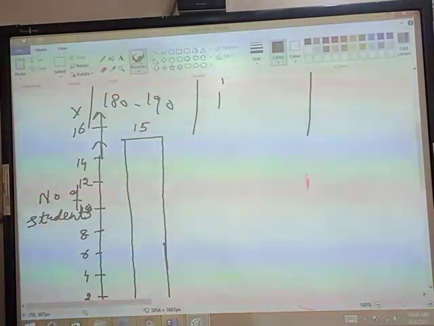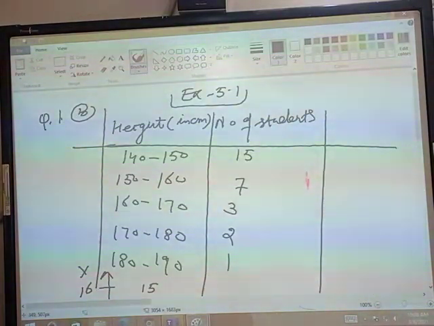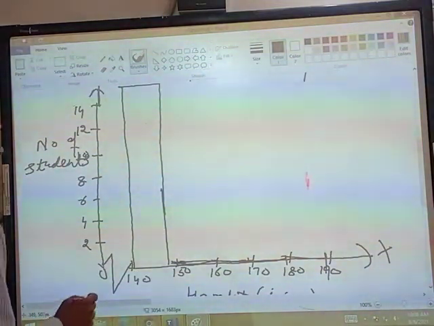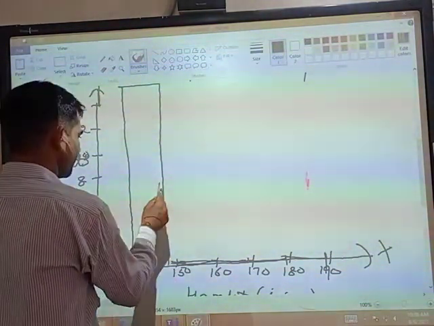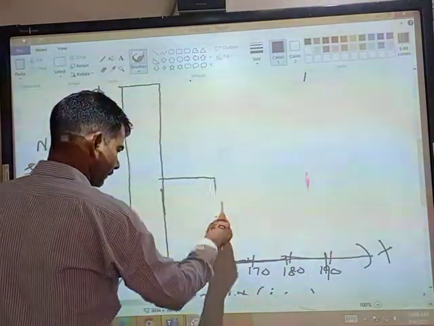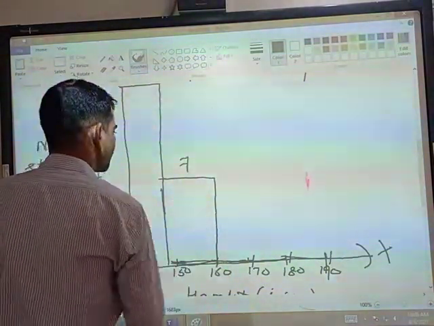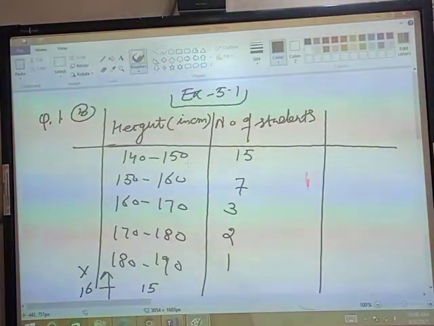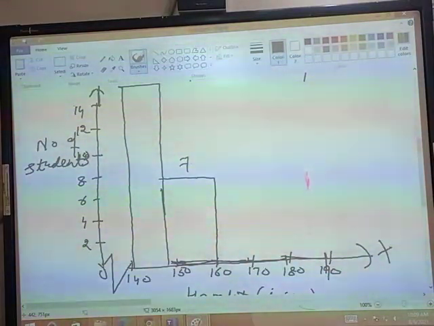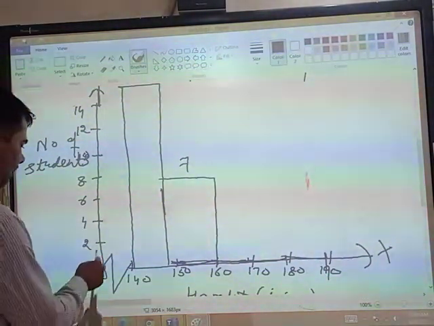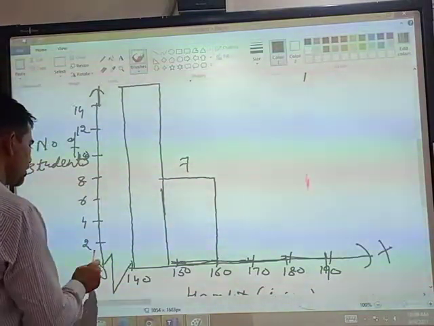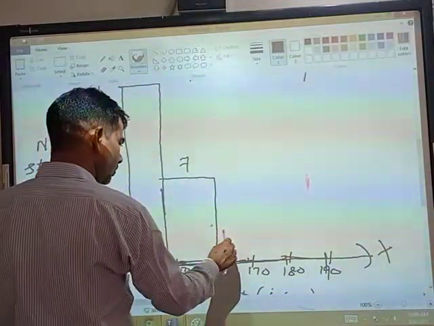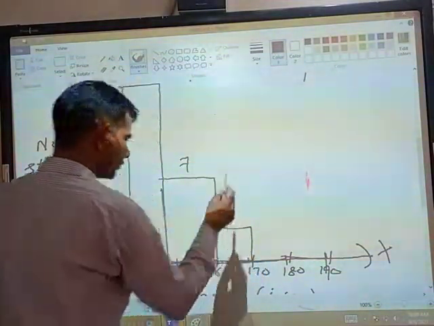Next is 150 to 160, and 160 to 170, it is 3, between 2 and 4.